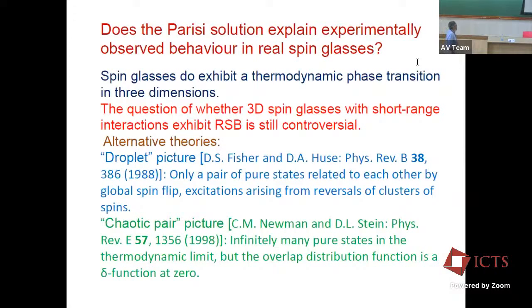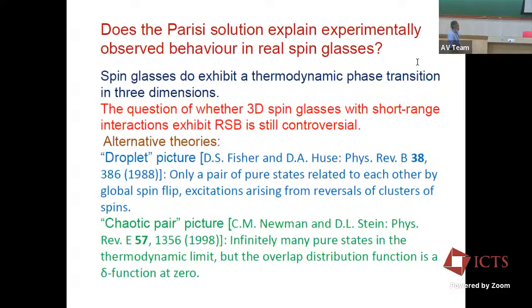They have in mind some kind of a picture, and the picture that is painted by the Parisi solution is this complex landscape, that there are a huge number of pure states, and the behavior at low temperatures is governed by the property of this landscape.